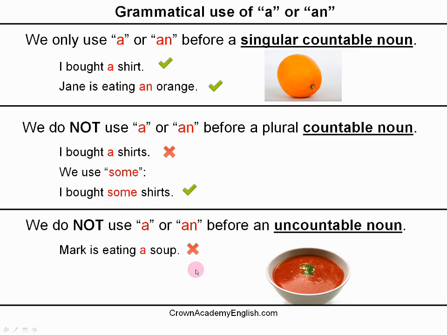That is wrong. Soup is uncountable. And we also use the word some. Mark is eating some soup. Okay, so that is very important. Only with a singular countable noun.